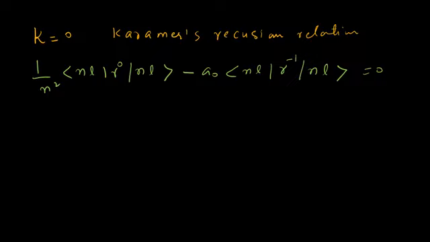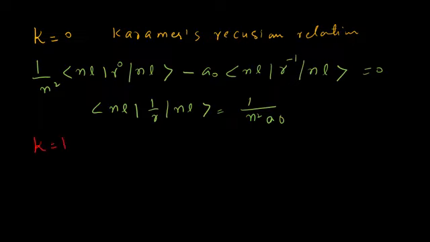So we can write it like <n l| 1 over r |n l> is equal to 1 over n square a naught.